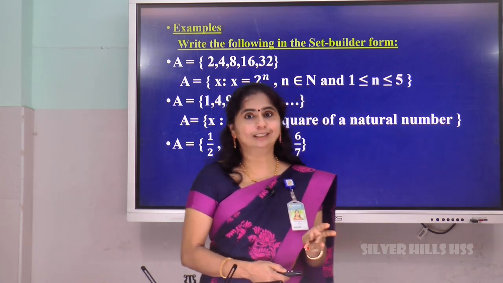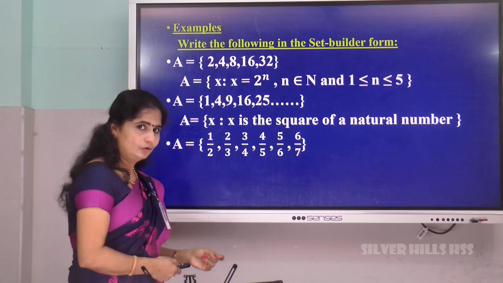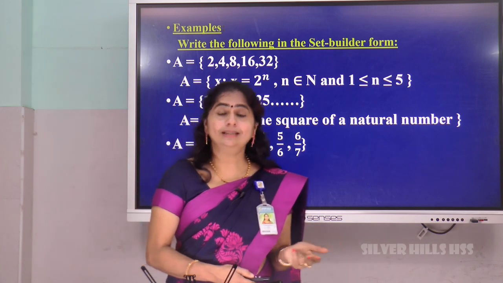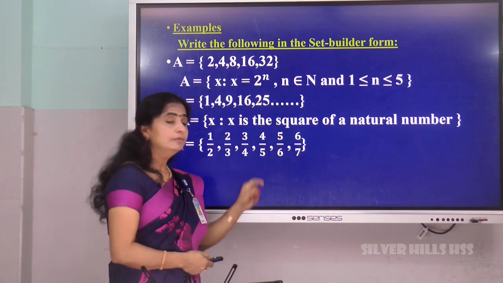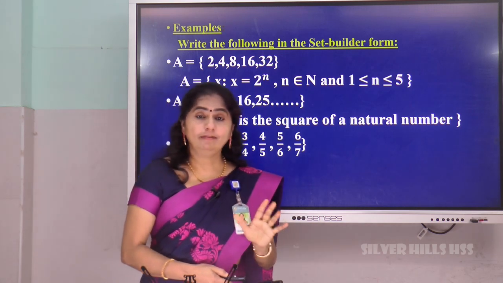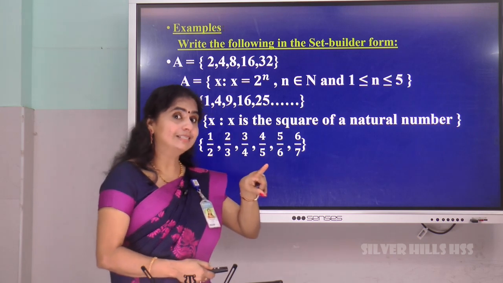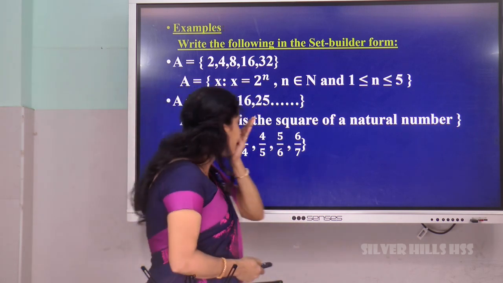In the third term, numerator is 3, denominator is 3 plus 1, that is 4. In the fourth term, the numerator is 4 and the denominator is 4 plus 1, 5. In the fifth term, numerator is 5 and the denominator is 5 plus 1, that is 6. And sixth term, numerator is 6 and denominator is 6 plus 1, that is 7.